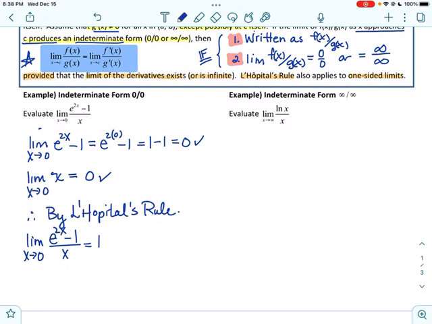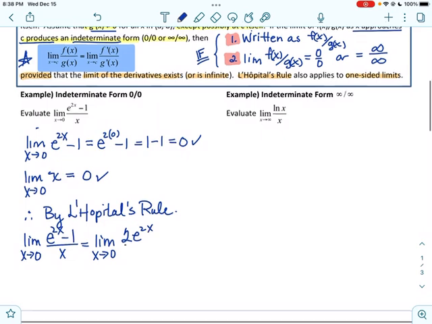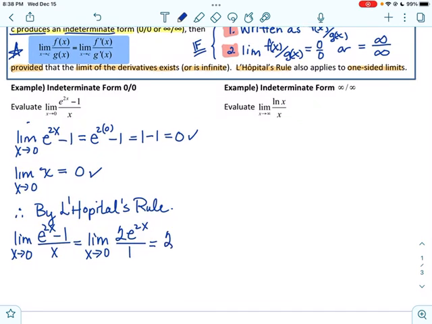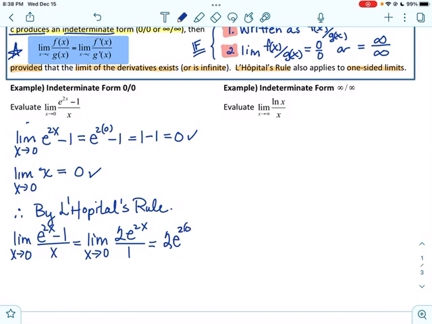So we take the limit as x approaches 0 of the derivative of the numerator, which is 2e to the 2x, over the derivative of the denominator, which is just 1. Now we're able to evaluate this limit, and we get 2 times e to the 2 times 0 power, which is equal to 2 times 1, which is equal to 2.